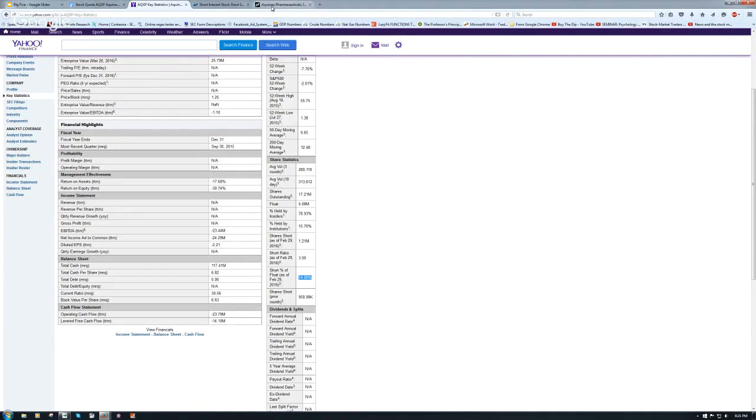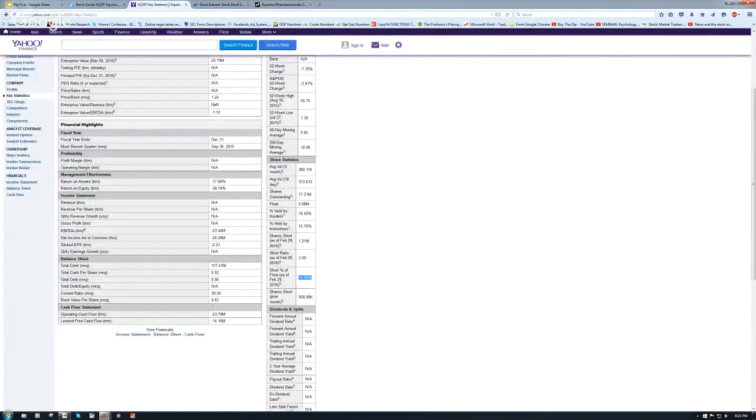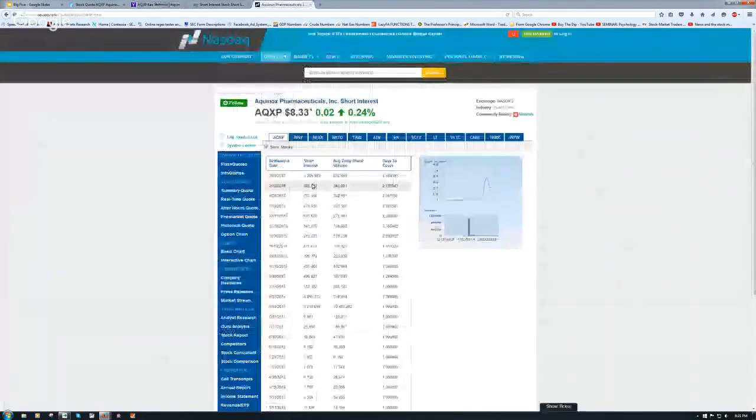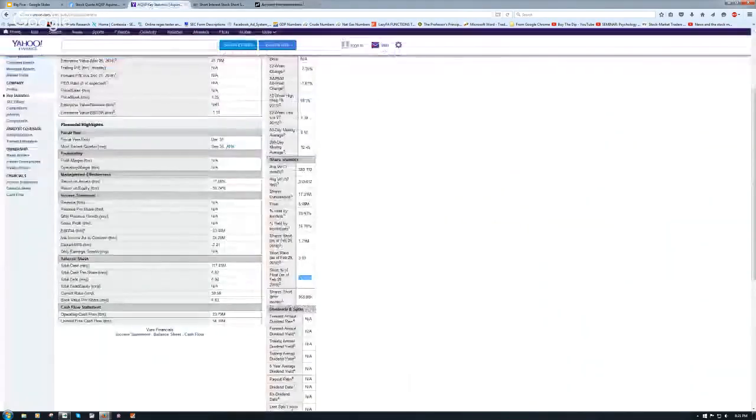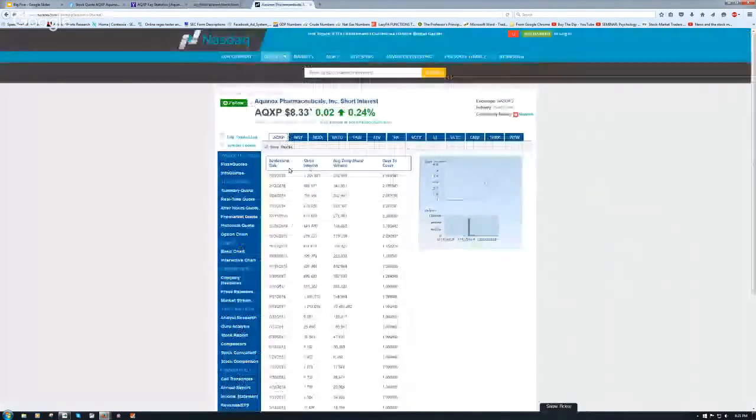So in this case, we've got 1.2 million shares held short, and according to Yahoo Finance, about 5 million shares in the float, which is going to give you about a 20% short interest.